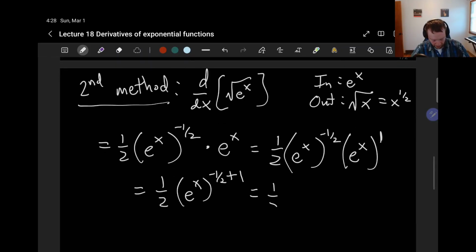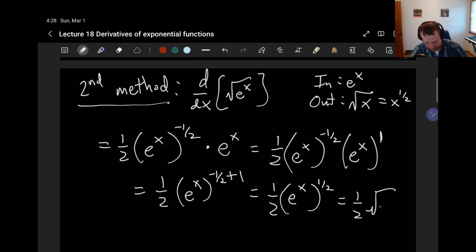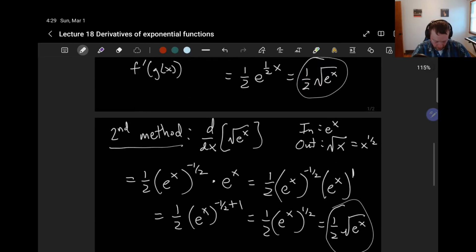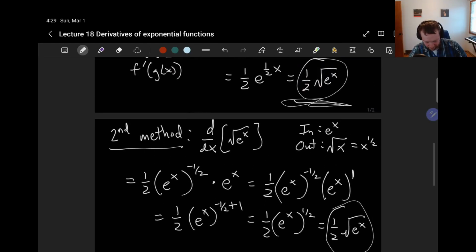And that becomes 1/2 e to the x all to the positive 1/2. And that's 1/2 times the square root of e to the x, which is the same answer that we got right up here, that first method. So it works. I just did two different approaches for the same thing.